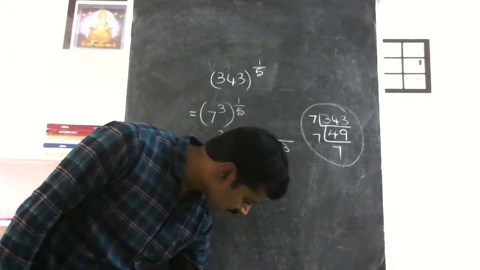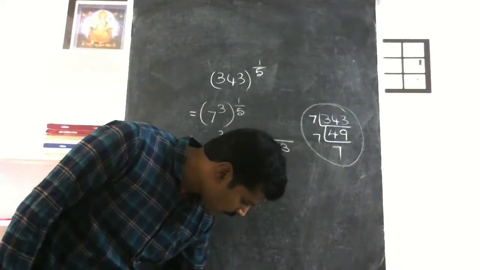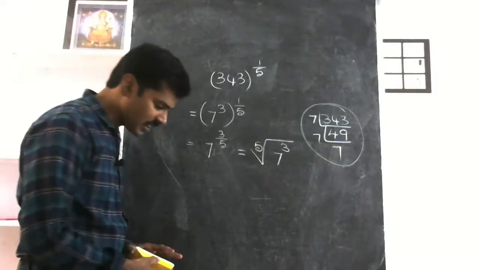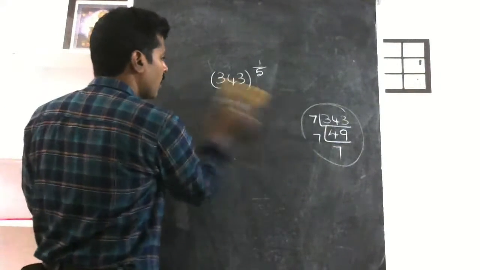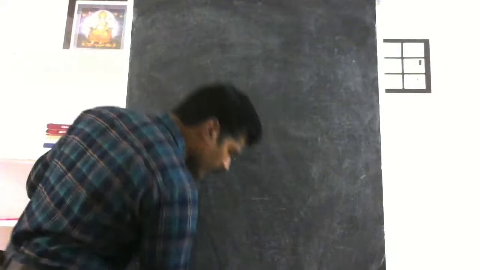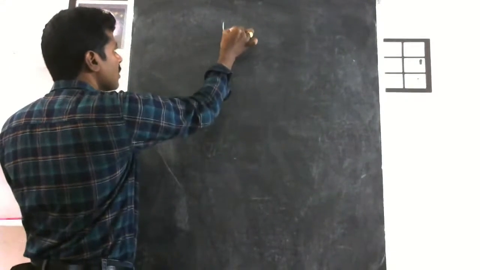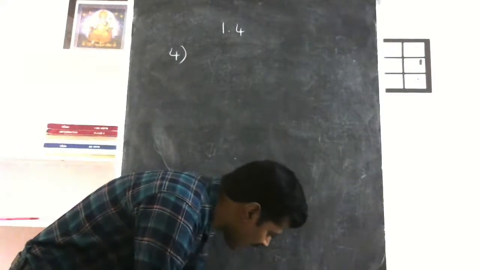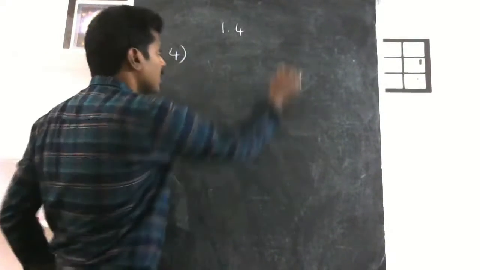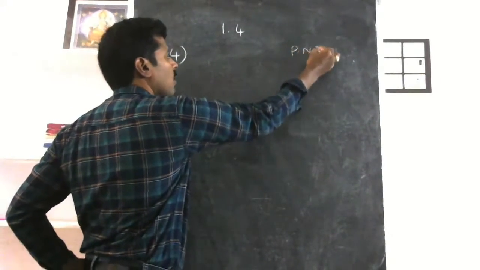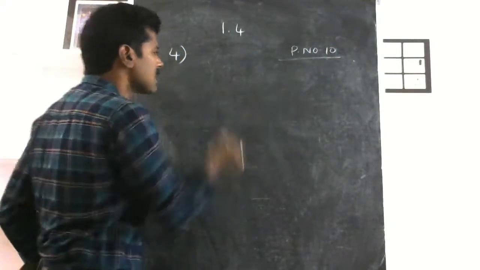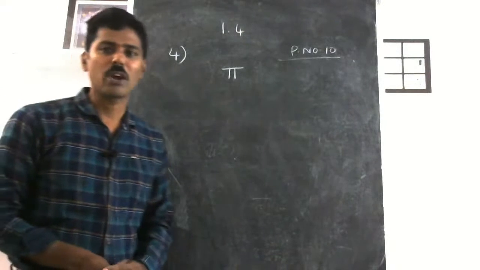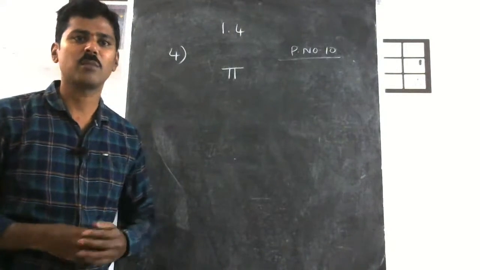And one more is, while doing irrational things, the question number 4, a very interesting exercise 1.4, and listen to me all of you, there is a clear discussion on this in 1.4 fourth problem, a very clear discussion on page number 10. In your page number 10, definitely have a very clear discussion about this, and we should not leave any, because we are not learning mathematics for getting marks.